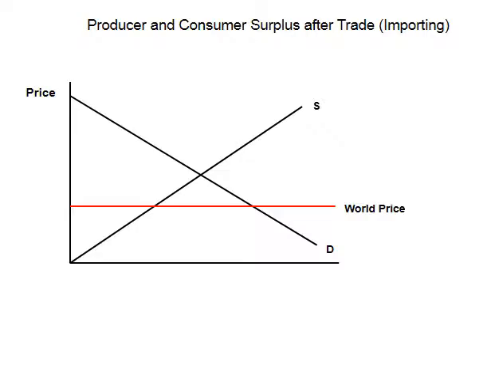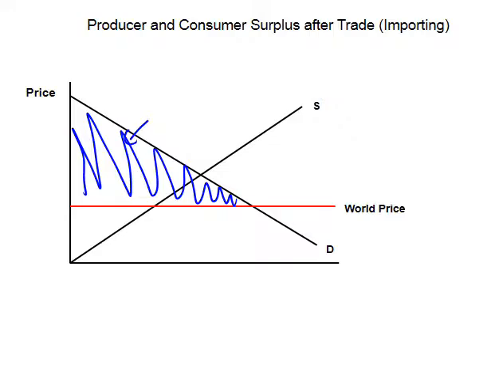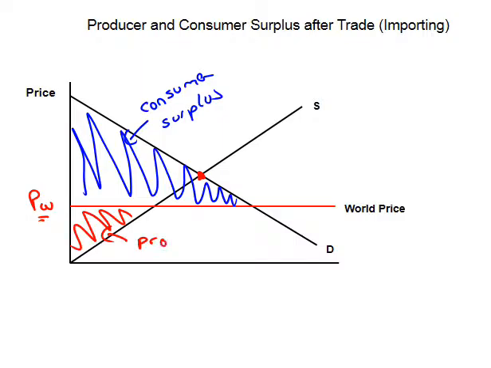Well, we know that the price has fallen, so this now is the entire consumer surplus. Producers are not so happy, the domestic producers, because they now are operating at the world price, which is lower than the original equilibrium price, so the producer surplus has shrunk.